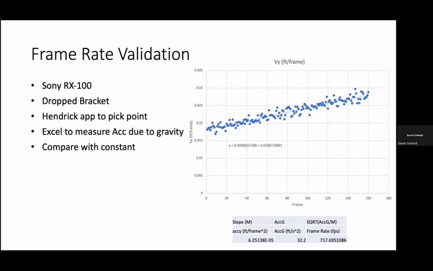And I did a best fit line for that, as a form of cleaning the data. And then to figure out what frame rate we were recording at, I took the slope and acceleration due to gravity, and found that.